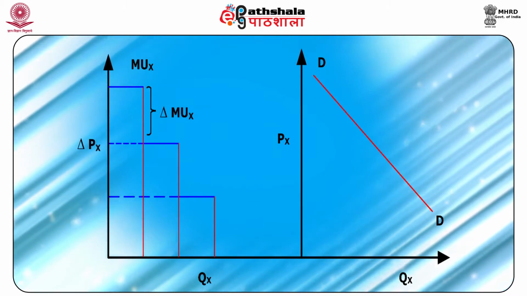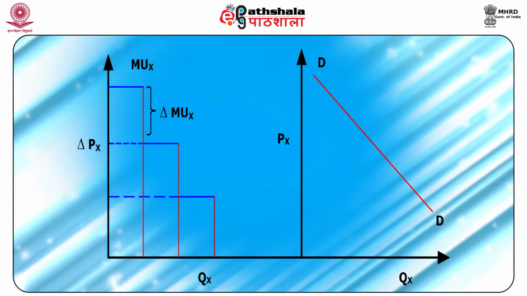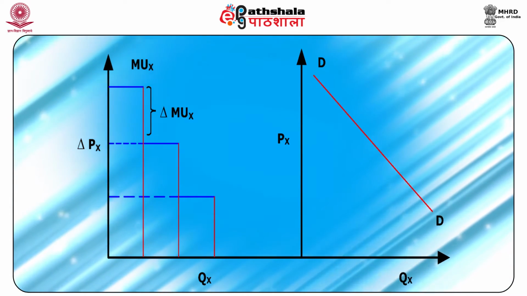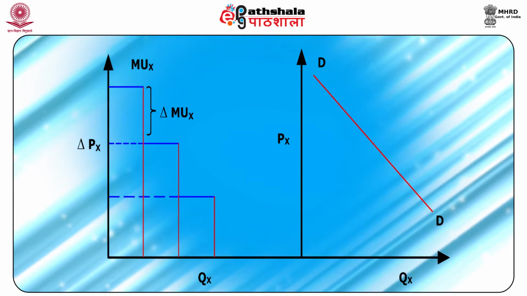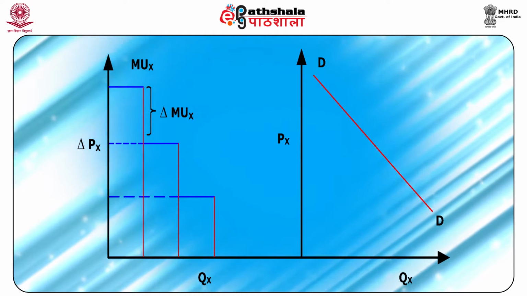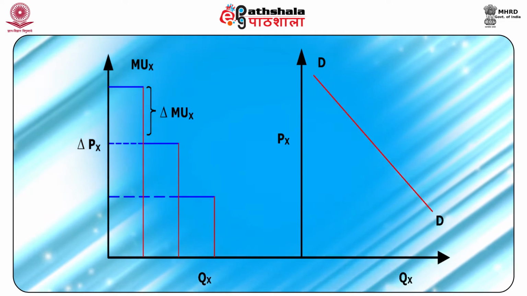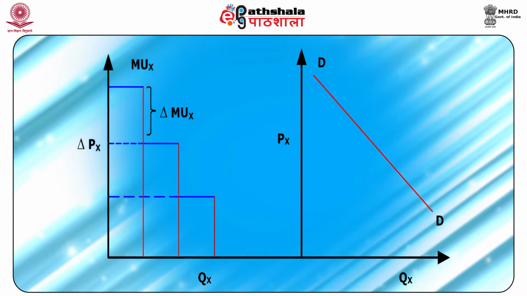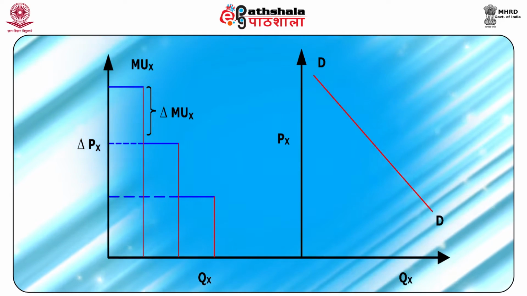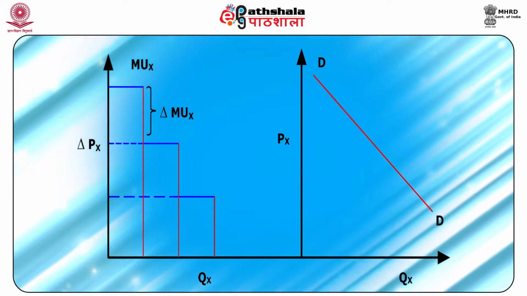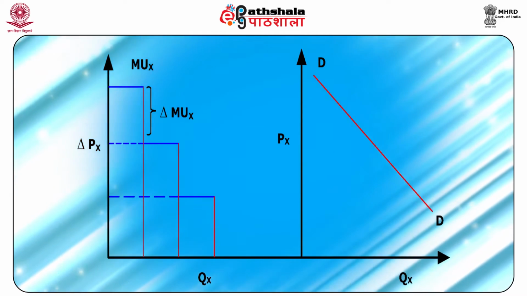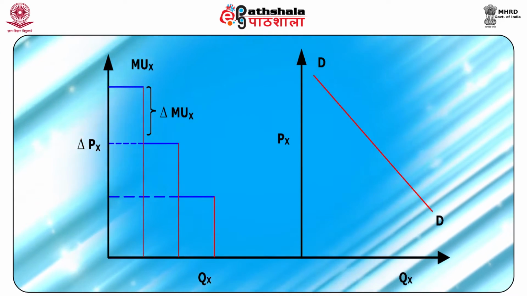Therefore, if you look at the diagram, you would see that it is in the nature of a step function. When the consumer consumes one more unit of commodity X, then the marginal utility falls by an amount of delta MUX, that is the fall in the marginal utility.